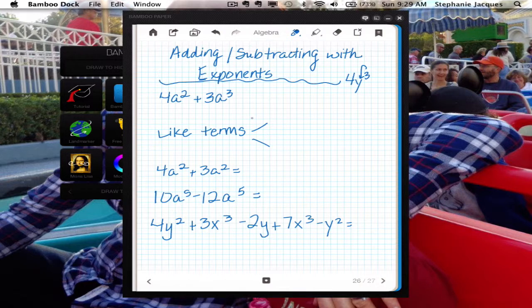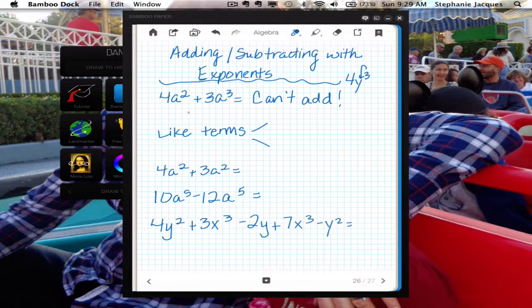Okay, so let's talk about adding and subtracting with exponents. So I have these two values here. I have 4a to the 2nd plus 3a to the 3rd. I can't add these right now. So I'm going to put can't add. And the reason why is they're not like terms.